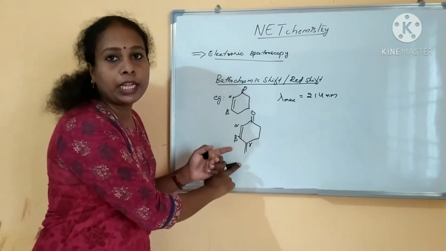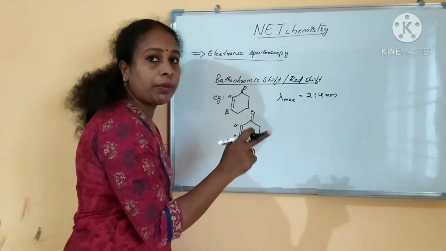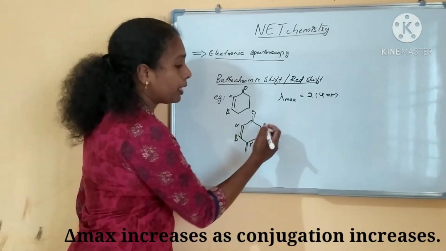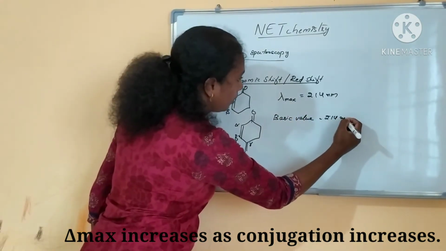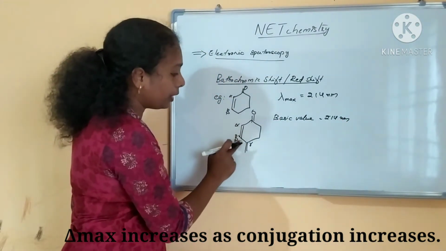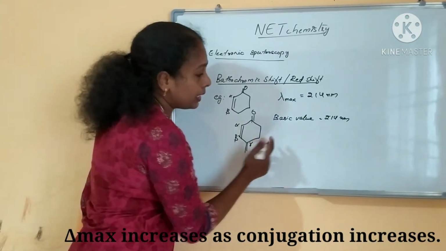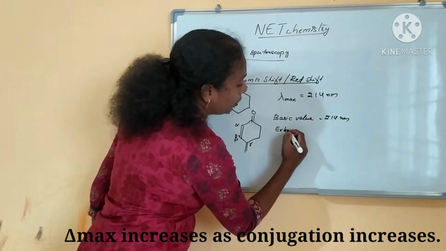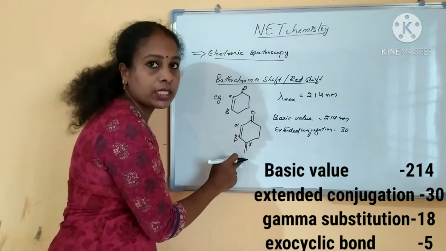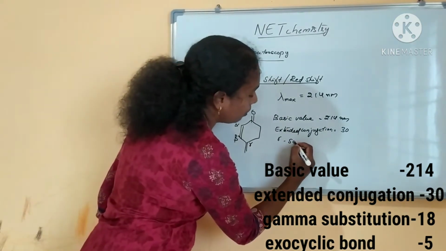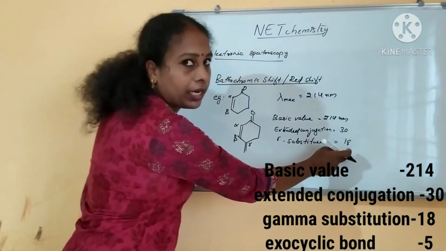Now I am extending a double bond at the gamma position. What will happen? The lambda max value will increase. What will the lambda max value be? The basic value we take is 214 nanometer. There is an extended conjugation here, which adds 30, and there is a gamma substituent, which adds 18. This you have already studied, that's why I am writing the values only.